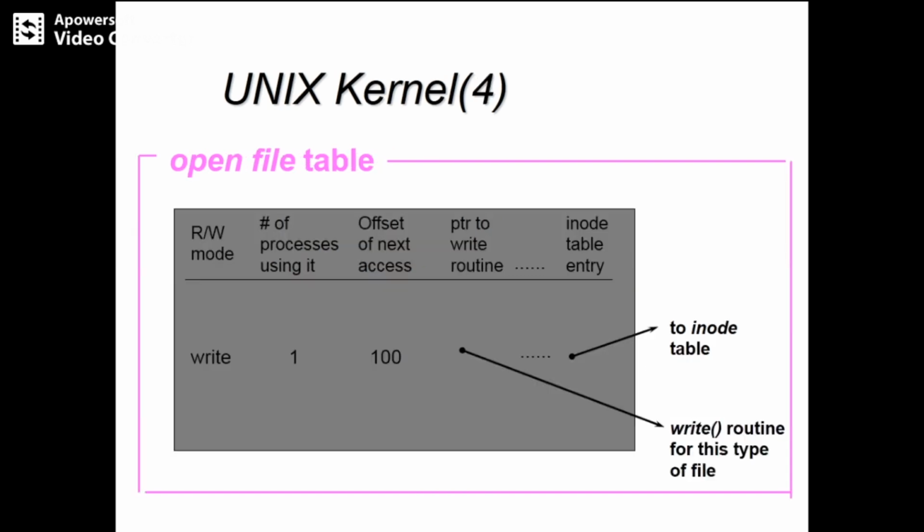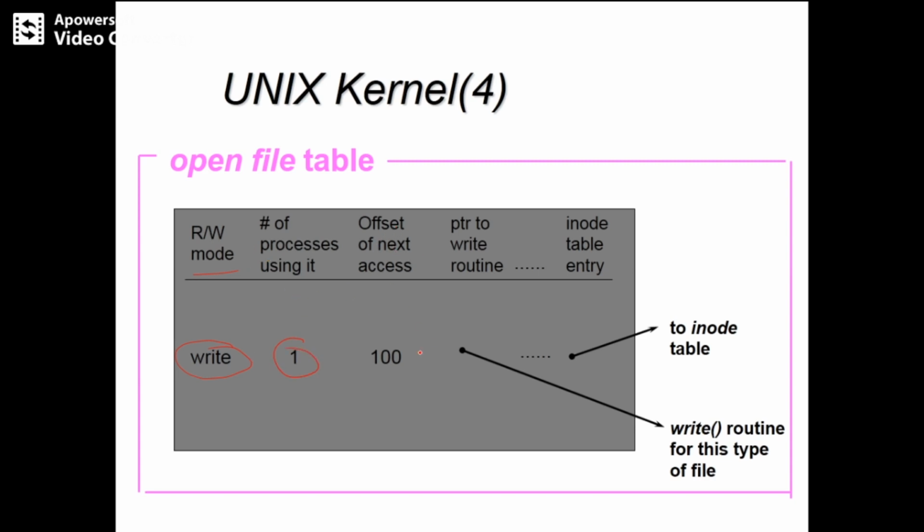Likewise, now in the open file table, what you have are all these modes. One is read or write mode. Whether your file has been opened in the read mode or write mode or any other mode, information regarding that is there in the table. And the number of processes using it, how many processes are using that file, is there in the table.